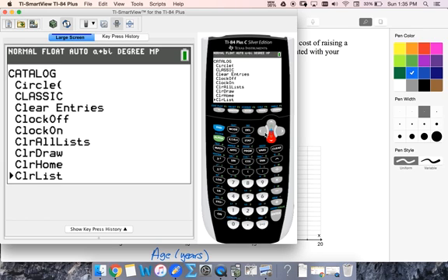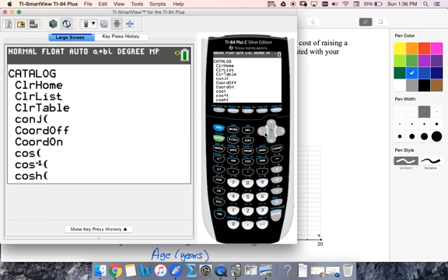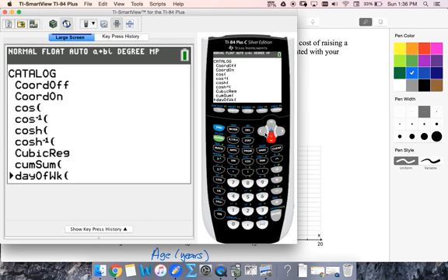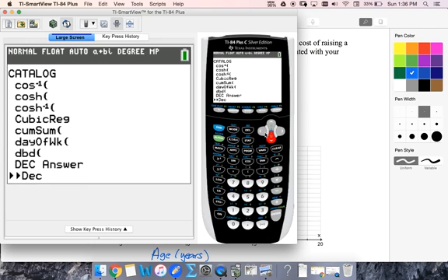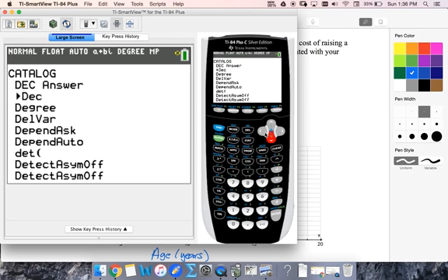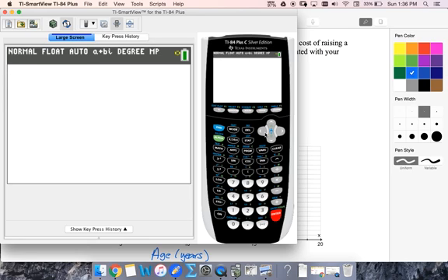All right, down, down, down. Down, down. Eventually we're going to get to D's. All right, diagnostic. Diagnostic on. So you get to diagnostic on, you hit enter, and then enter so that it's done.